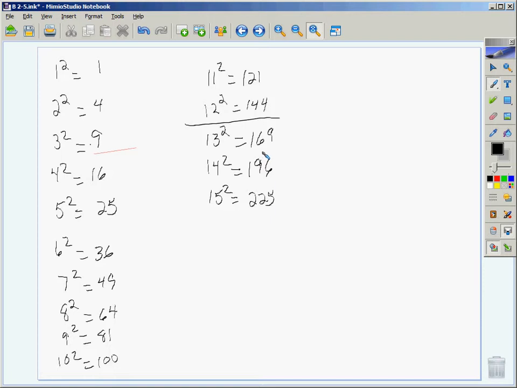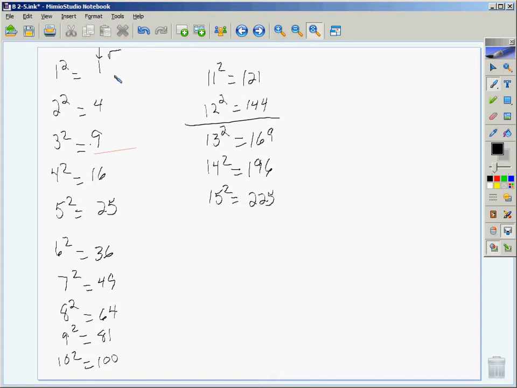Because finding the square root of something is exactly the opposite of squaring. If I wanted the square root of this column, the square root of 1 is 1. The square root of 4 is 2. The square root of 9 is 3. Square root of 16 is 4, and you get the idea, right?